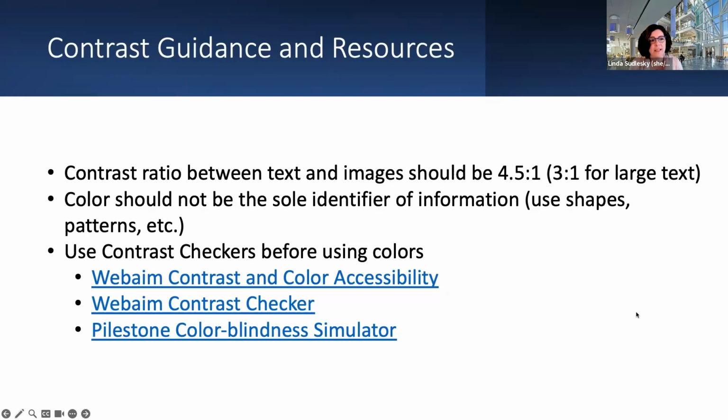So just some contrast guidance and resources. Your contrast ratio should be 4.5 to 1, 3 to 1 for larger text, as I had said. Text or images of text that are part of an inactive user interface component, that are pure decoration, that are not visible to anyone, or that are part of a picture and contain significant other visual content, have no contrast requirements.